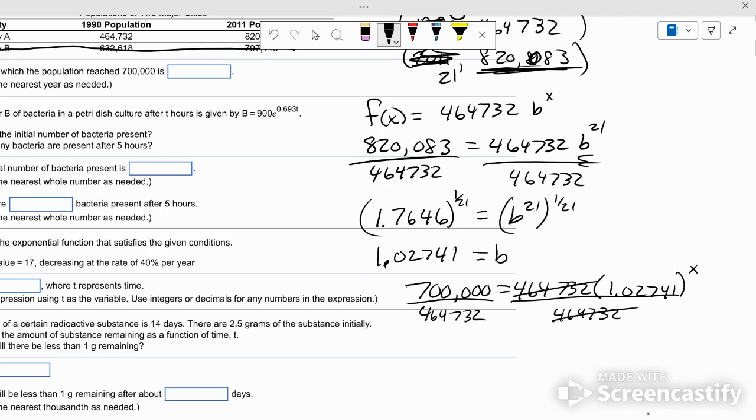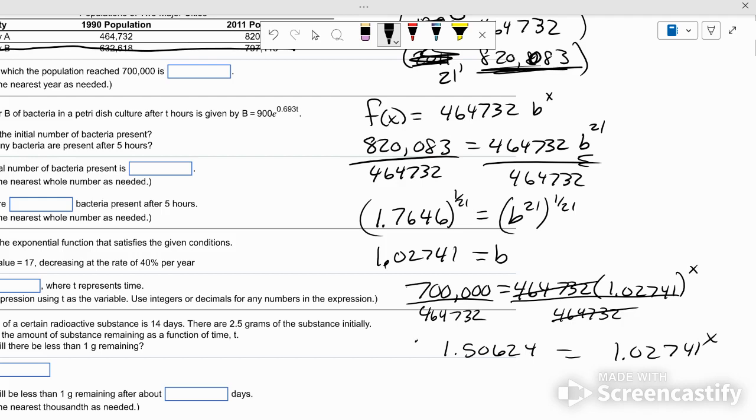What do we get? What's 700,000 divided by 464,732? 1.50624 equals 1.02741 to the x power.